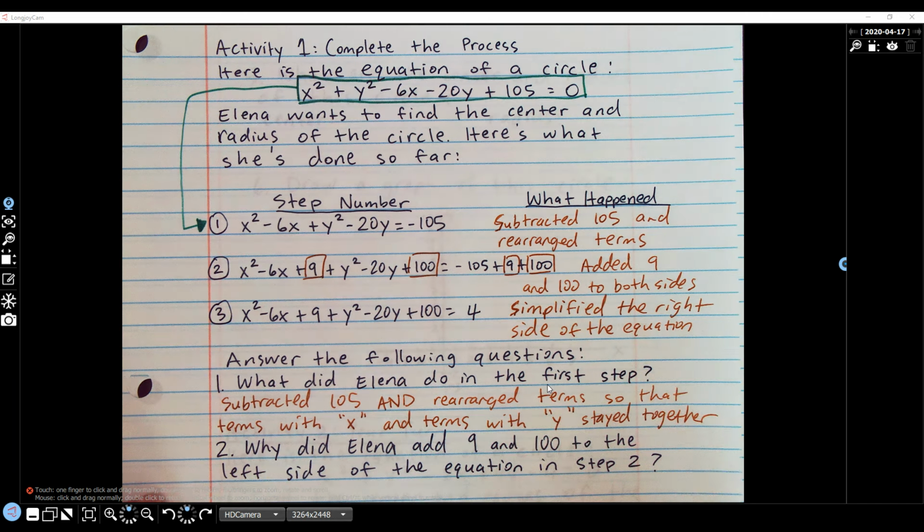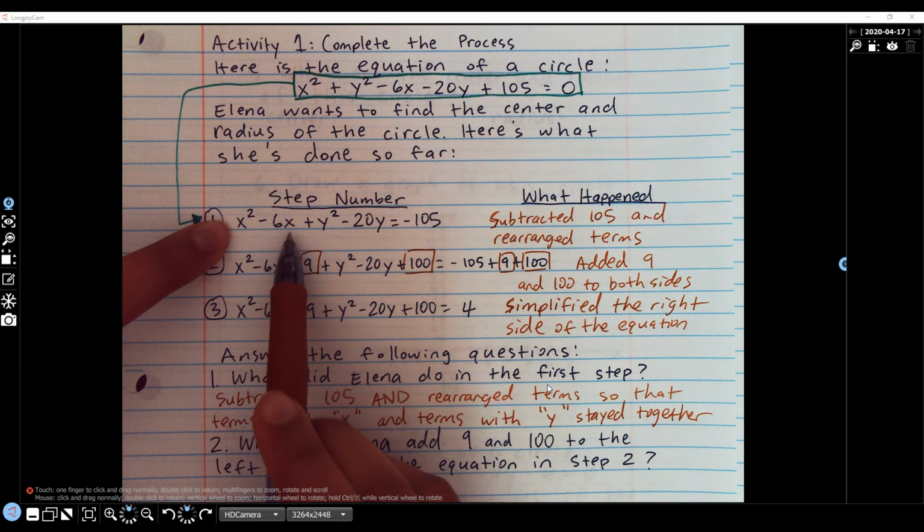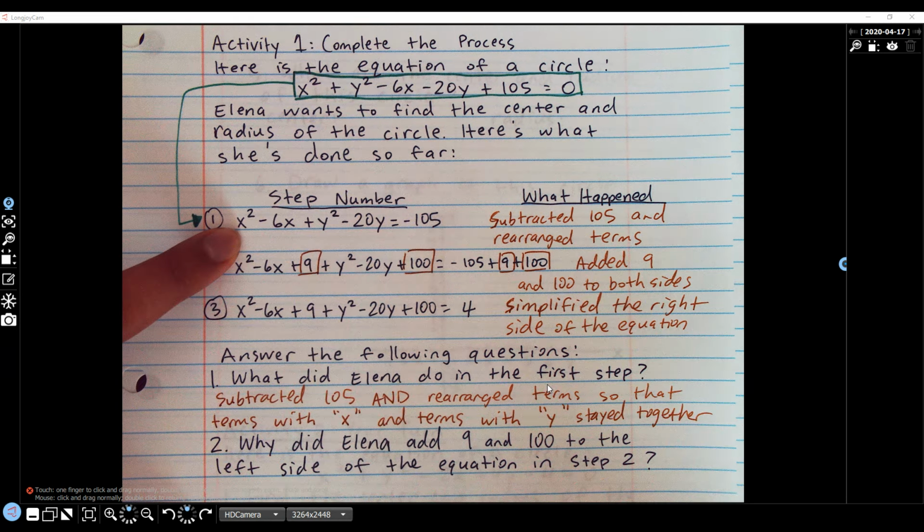This is a quick strategy that I want to call out here. Once we have those terms together, it starts to help us think about what we could add to complete the square, which takes us into question number 2.